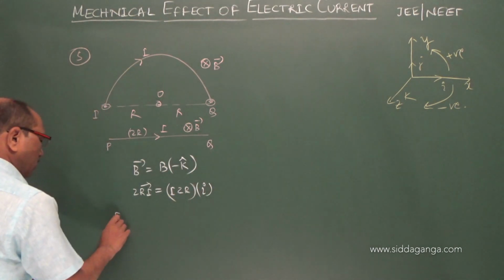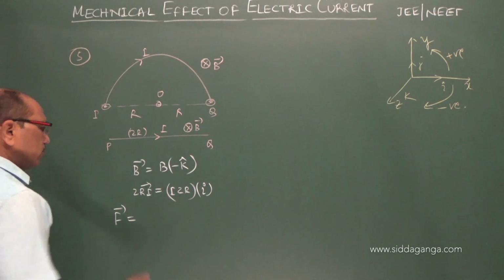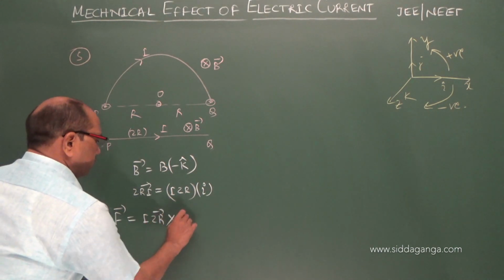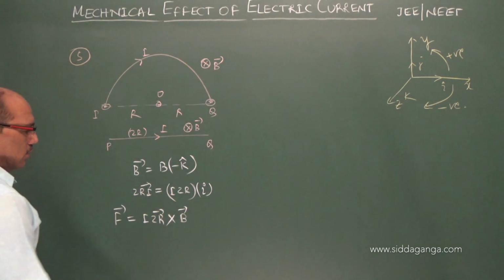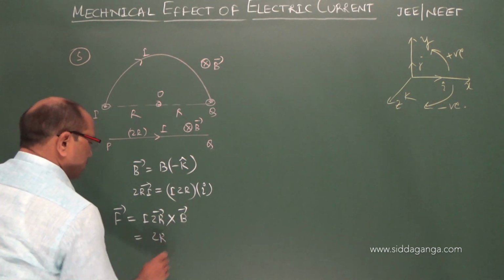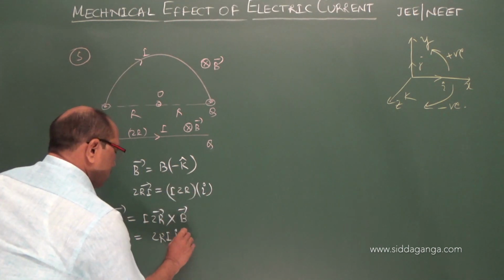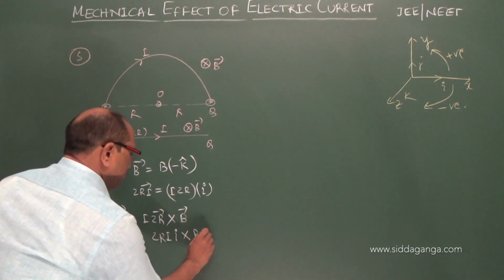So together, the force on this is F equals I 2R cross B, that is 2R I cross B of minus k.